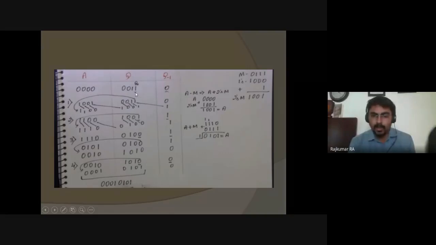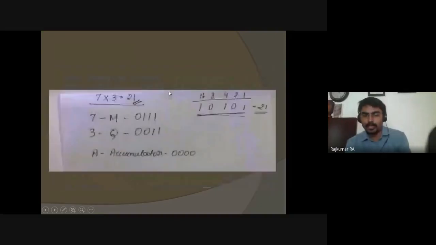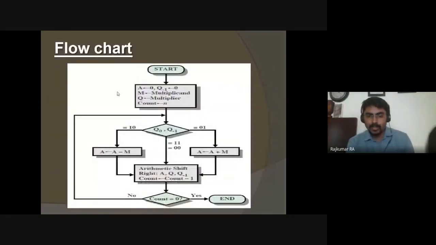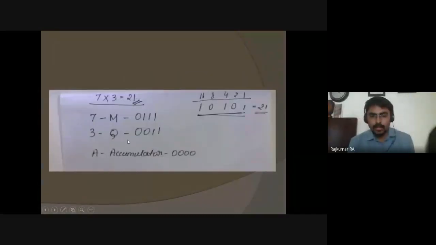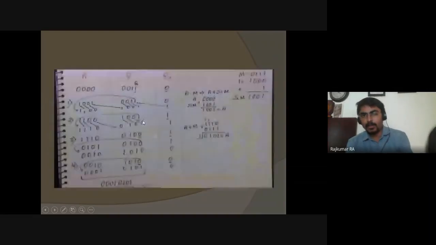So for 1 0, we have to perform A is equal to A minus M. Here we already know A, and M is 0111, but this is the full M value, that is plus M. But we have to do minus M.